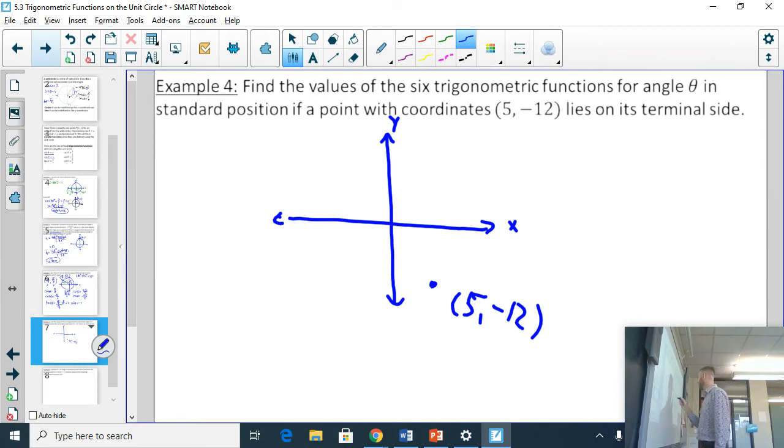And from there, I can make a triangle, right? I know that this x distance is 5, and this is -12. And so we can find out the length of our radius here, if we were to draw a circle. If you remember from geometry, this is a Pythagorean triple.